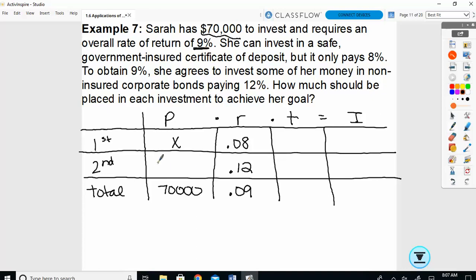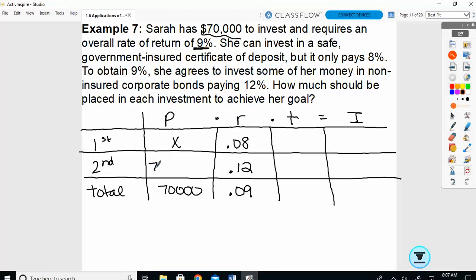What am I going to put for the principal here? X or 70,000 minus X. Yeah, remember that last problem we did yesterday when we knew we had to have 8 pounds in our final mixture? Just think about it in terms of numbers if you ever get confused. Okay, if she wants 70,000 and we already have 20,000, how much more do we need? 50. You subtract them.